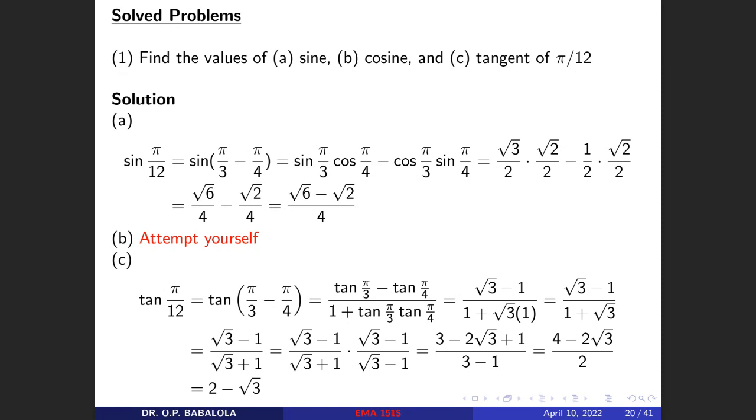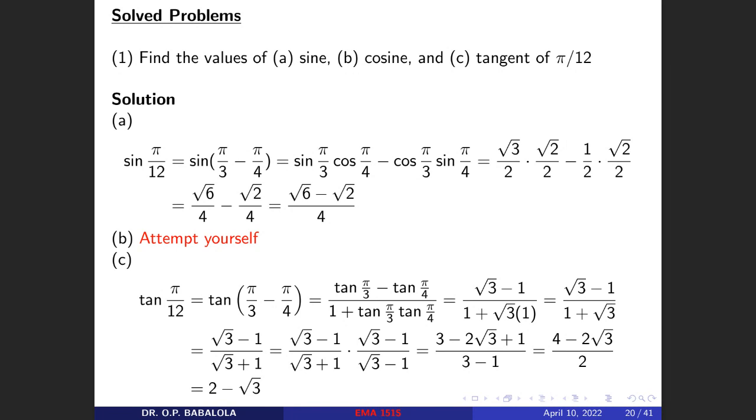If you have pi over 3 minus pi over 4, of course, I hope you all agree that that will give you pi over 12, right? Do you agree? If you don't agree, you ask. The angle pi over 12 can be represented as pi over 3 minus pi over 4.